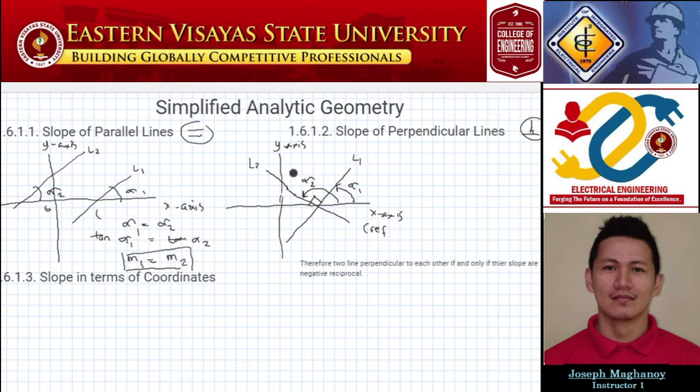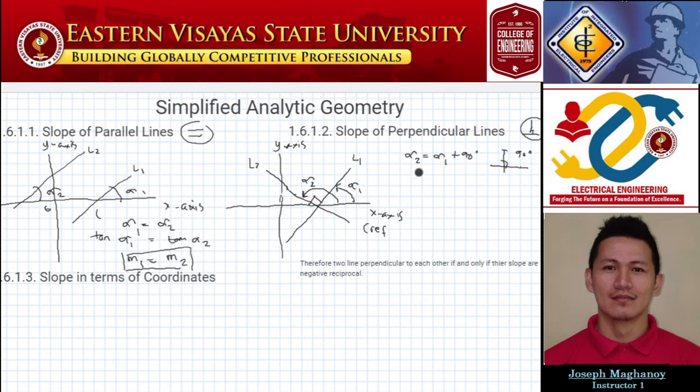If we evaluate the angle between alpha 1 and alpha 2, it is obvious that since they are perpendicular lines, they have a difference of 90 degrees between these two lines. We can say that alpha 2 is equal to alpha 1 plus 90 degrees.